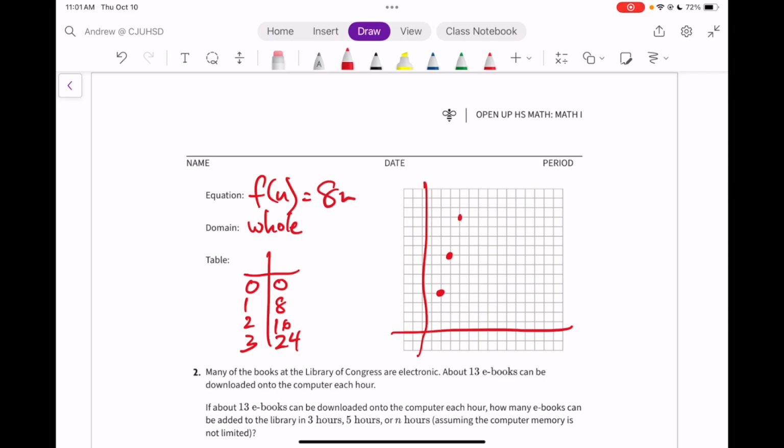The point is, we're not going to connect these dots together because it wouldn't make sense to have an in-between number of boxes. It wouldn't make sense to have half a box or 2 boxes and a half or 2 boxes and a quarter or any kind of fraction in between the whole numbers. So later on, we're going to call that discrete.